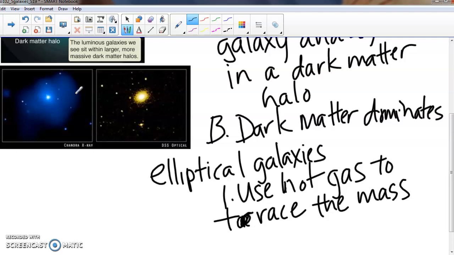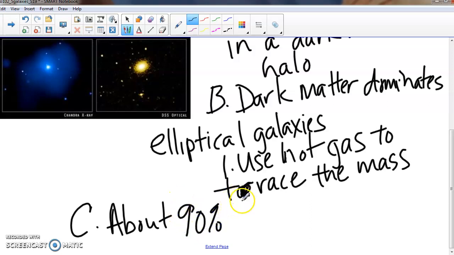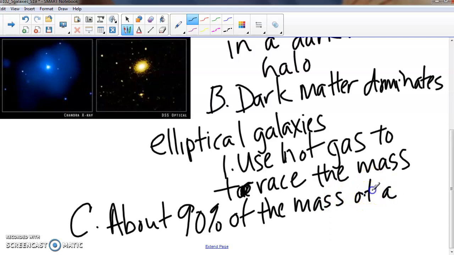So we look at these galaxies, the spirals and ellipticals, and we find that most of the mass in these galaxies is dark matter. About 90%. This is crazy, folks. About 90% of the mass of a galaxy is dark matter.